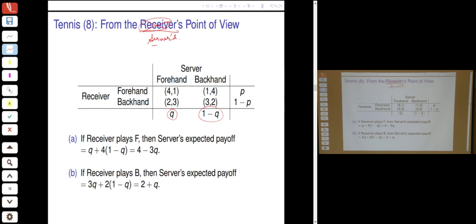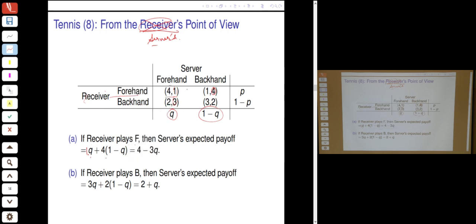If the receiver, who is his opponent now, plays forehand, then the server's expected payoff is, so the second coordinate is the server's payoff, 1 times q plus 4 times 1 minus q, right?